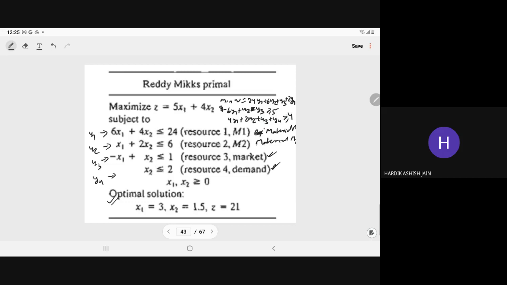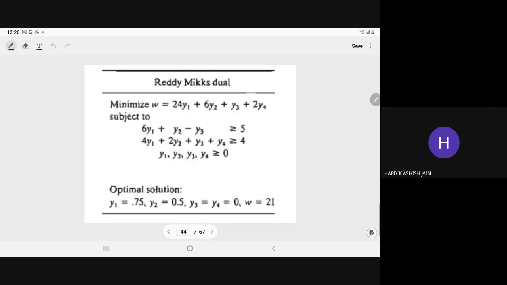If you add the slack variable and so on, you will get y1 greater than or equal to 0, y2 greater than or equal to 0, y3 greater than or equal to 0, and y4 greater than or equal to 0. As you combine these two lines, you will get all the dual variables non-negative. So here you will get the dual problem.